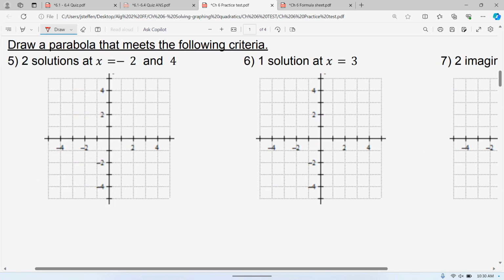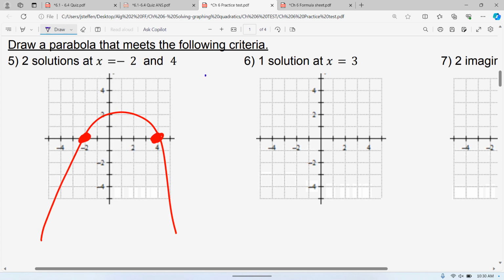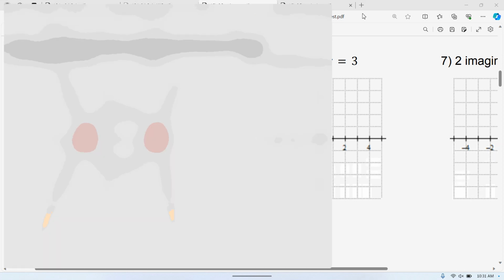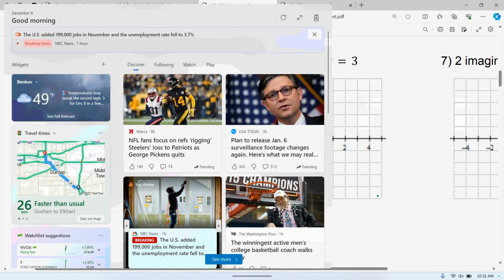The parabola criteria, it has two. So it doesn't matter how you draw this parabola as long as that's what crosses your x-axis. So you can draw this. You can make one that is a lot longer, as long as that doesn't pop up.